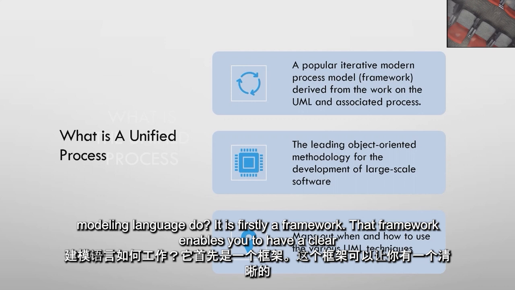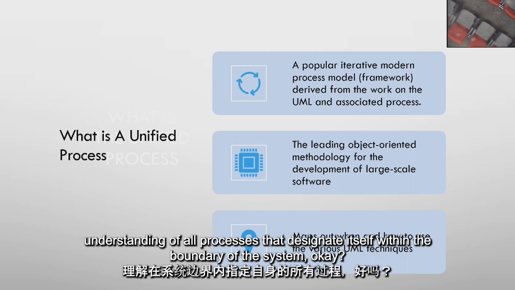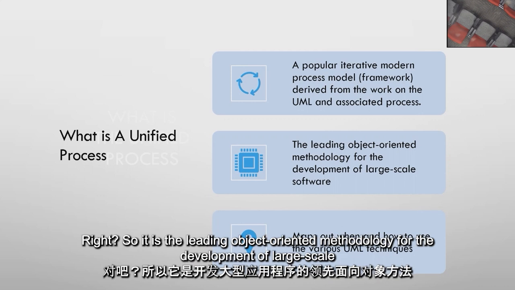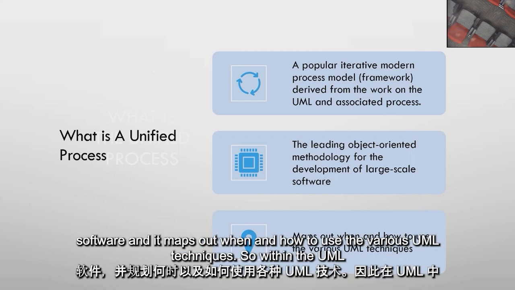That framework enables you to have a clear understanding of all processes that designate themselves within the boundary of the system. It is the leading object-oriented methodology for the development of large-scale software, and it maps out when and how to use the various UML techniques.